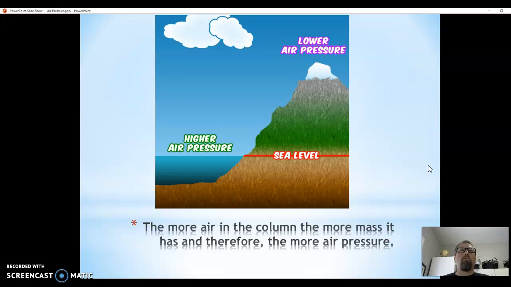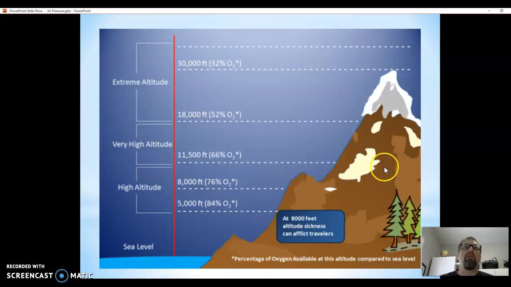So as we move up in elevation, rising up from sea level, the air pressure becomes lower. Again, there's less of it up there, less mass, therefore less pressure. And that should be pretty intuitive. And so as we watch mountain climbers climb up above the death zone, that point where there's so little air that we need to take oxygen with us if we want to attempt to get to the top, or at least most normal people do.